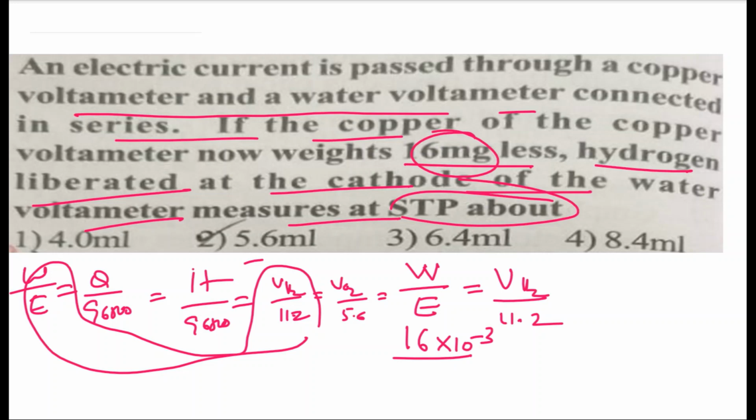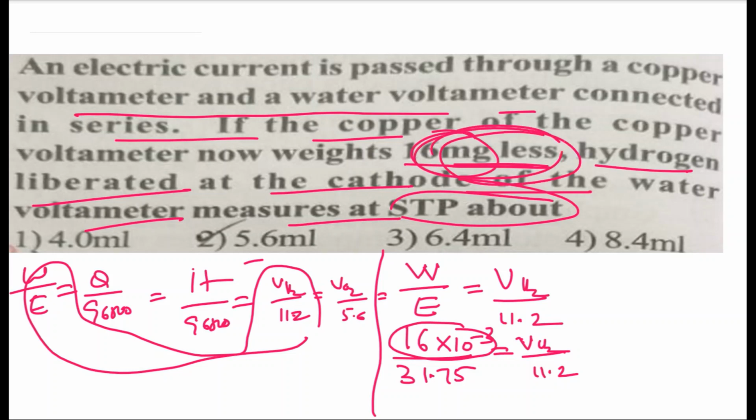And how to calculate the equivalent weight of copper? Very simple. The equivalent weight of copper is 31.75. Then you have to calculate the volume of H2, so volume of H2 by 11.2. This is the given information, the weight of copper. The equivalent weight of copper you know already: molecular weight by 2, 63.5 by 2, because it is Cu2 plus.